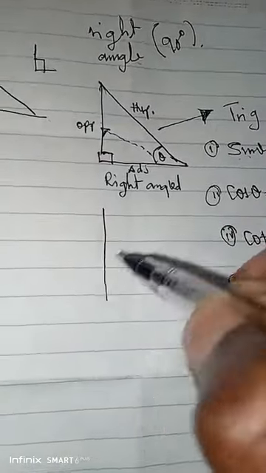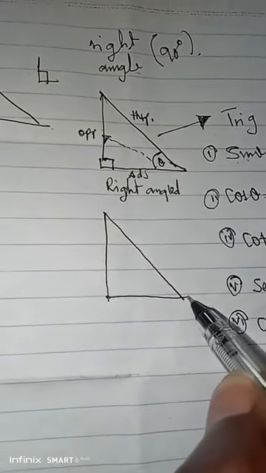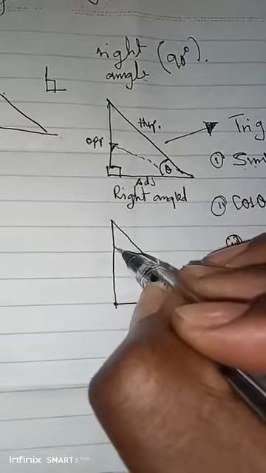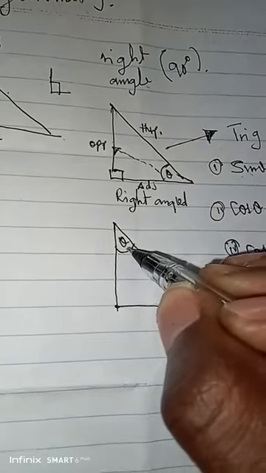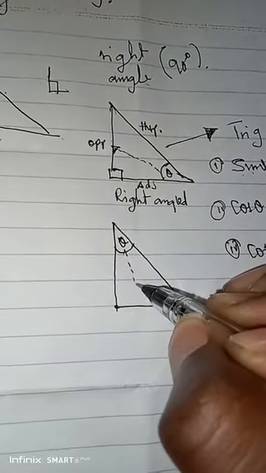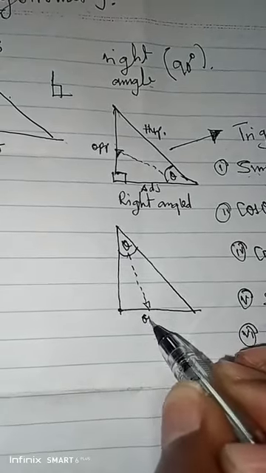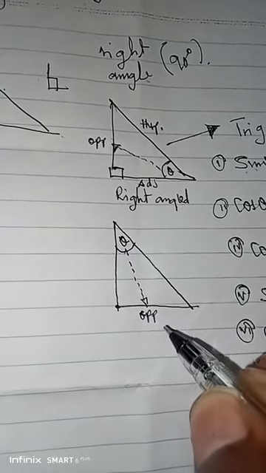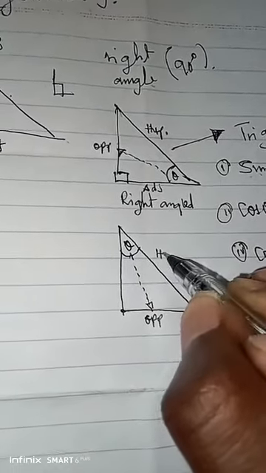What if theta was above? What if the angle was here? Well, theta here will be facing this side. So this side is the one that is now going to be called your opposite. The longest side is always your hypotenuse.